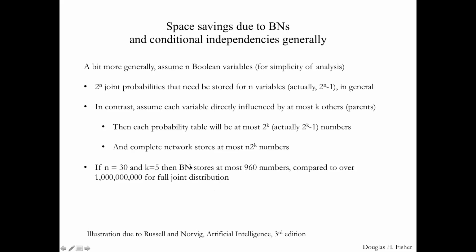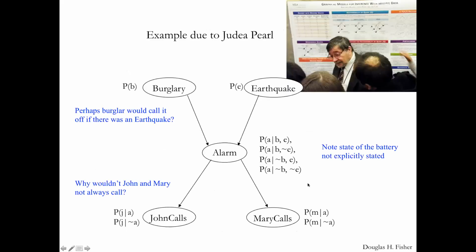So in general, for something realistic, and 30 variables nowadays is very small, I can get a big savings if I can identify conditional independencies in the data. So here's an example of a Bayesian network that's due to Judea Pearl.